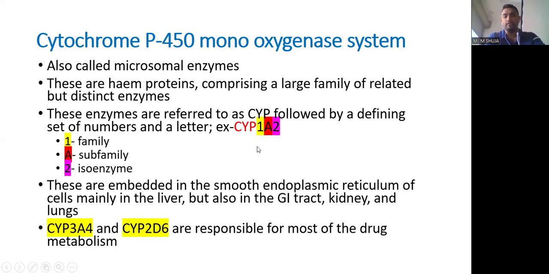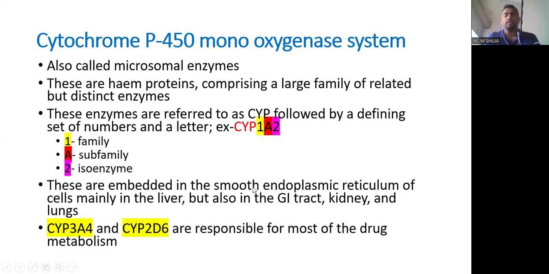The numeric which comes after CYP denotes the family of the enzyme. Then you get the alphabetic letter, which denotes the subfamily of the enzyme. Then again you get a numeric number, which denotes the exact isoenzyme type.